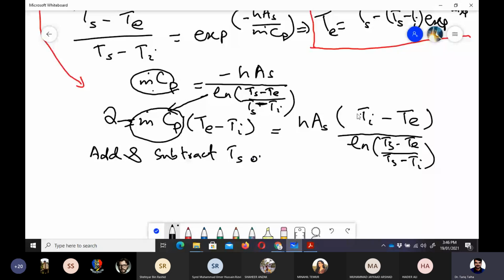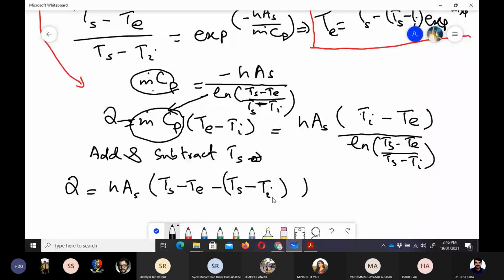Okay. So if we do that, Q is equal to HAS into, then first we add Ts minus Te minus, then we subtract it. When we subtract it, we can write it like this, and then Ti.